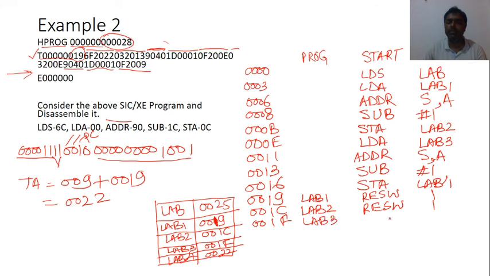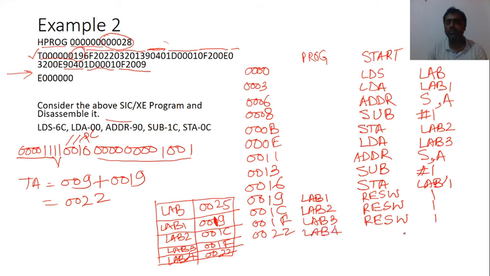Now if I reserve here 3 bytes, then the next address will be 0022, and at address 0022 there is a label, so it will be reserved word 1 or reserved byte 3, and our next label is at 0022, that is LAB4.